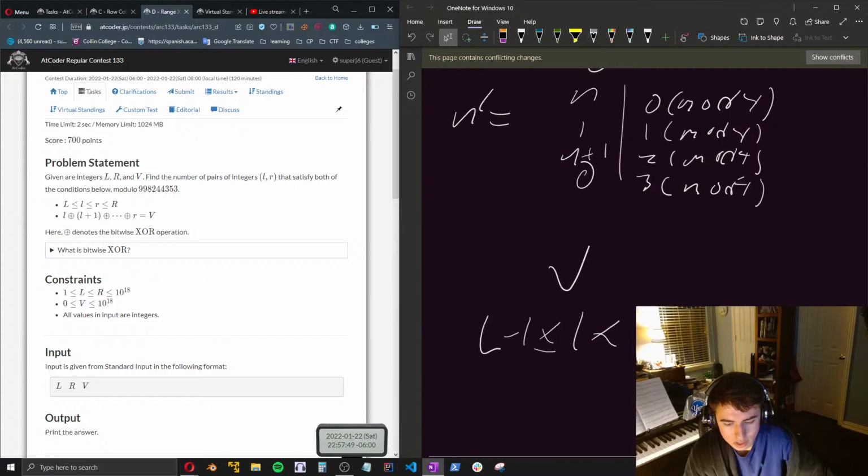So if R is equal to 0 modulo 4, we get N. Well, let's iterate over both L and R modulo 4.